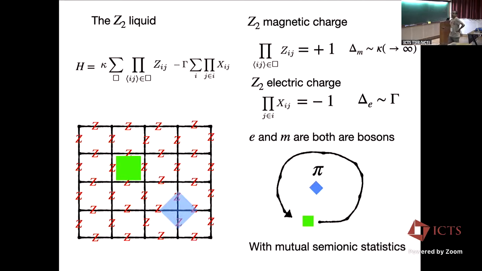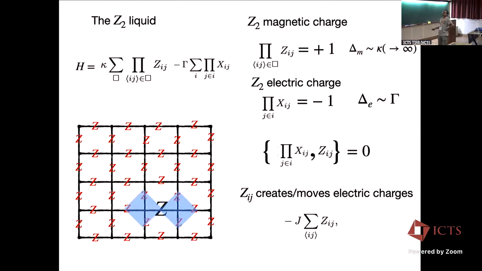So these two excitations are mutual semions, in the sense that they see each other as a source of pi flux, and they are the fractionalized excitations of the Z2 liquid, which form the right degrees of freedom to write down the low energy field theory. Both these excitations are bosonic, but they have this mutual statistics, which is why the Landau theory misses it.